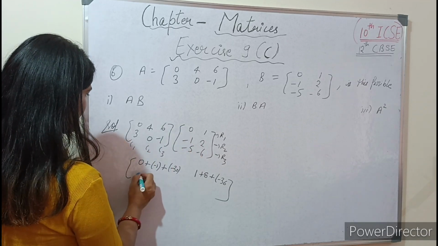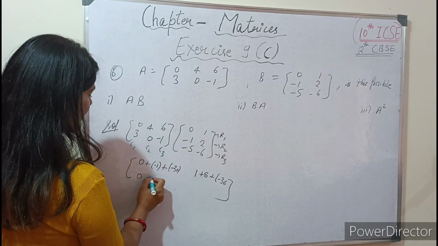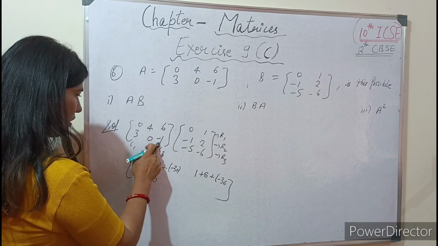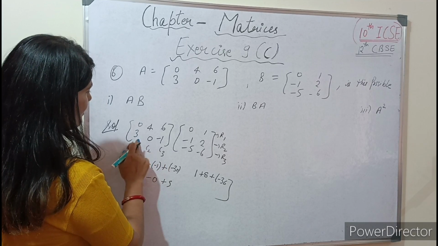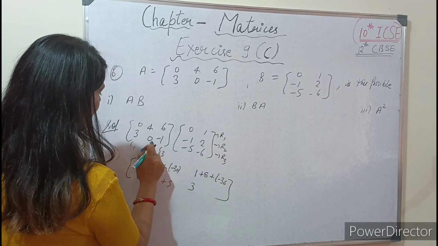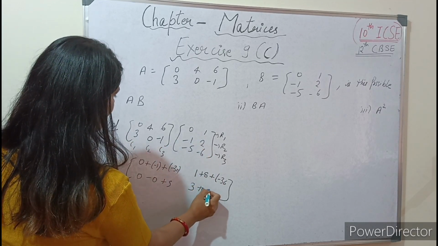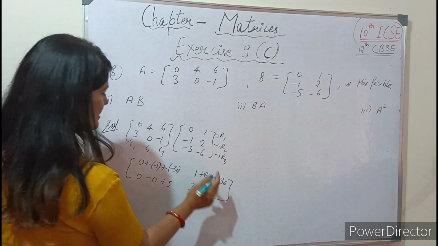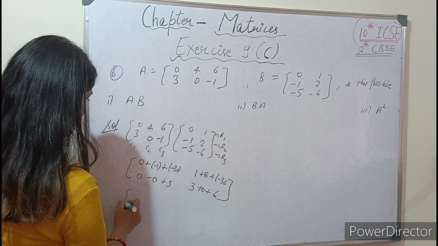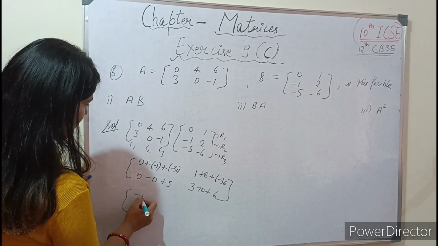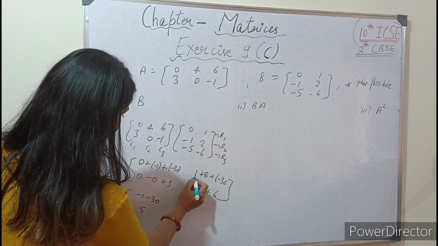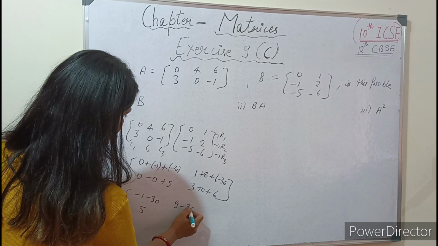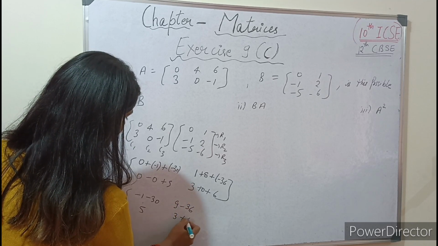3 into 0 is 0, 0 into minus 1 is 0 and minus 1 into minus 5 is plus 5. 3 into 1 is 3, 0 into 2 is 0 and minus 1 into minus 6 is plus 6. So your answer is this is minus 1 minus 30, this is 5, this is 8 plus 1 is 9, minus 36 and this is 3 plus 6.